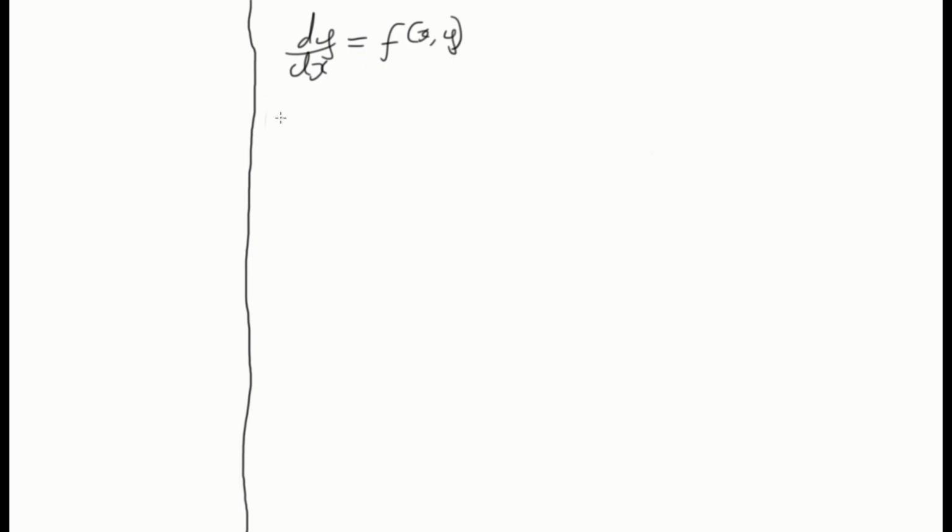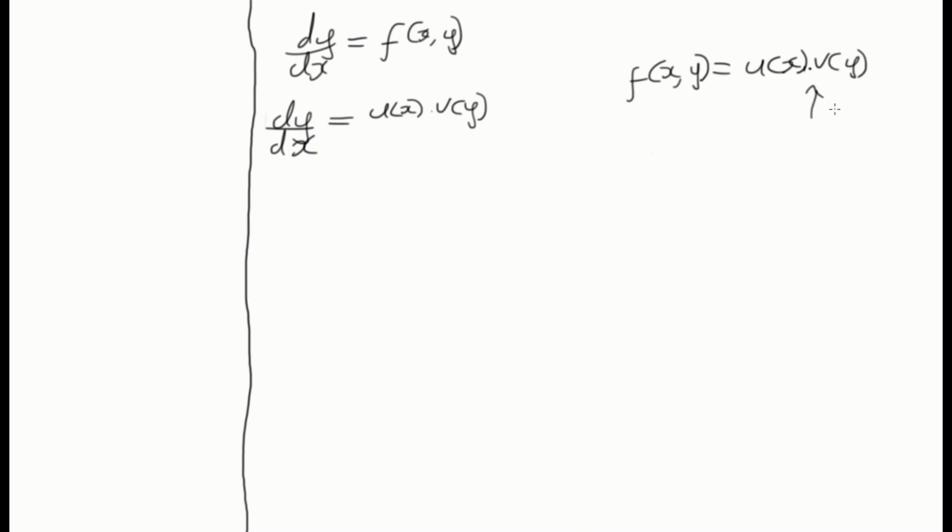For the first order differential equation which we solved yesterday using separation of variables, we want u of x times v of y. It means our f of x, y must be able to be written as a product of a u of x and a v of y like this, which you can then separate with an equality sign and integrate left and right hand sides.